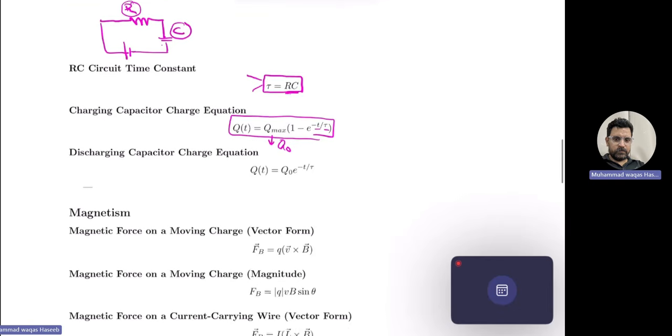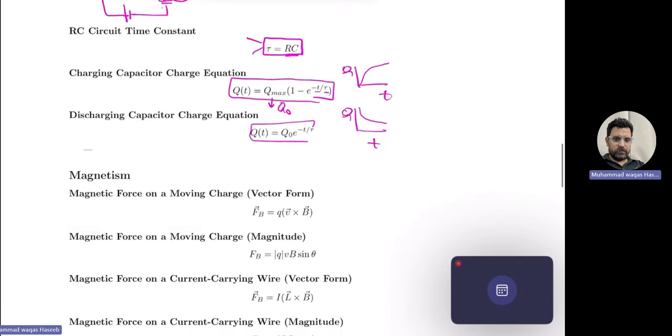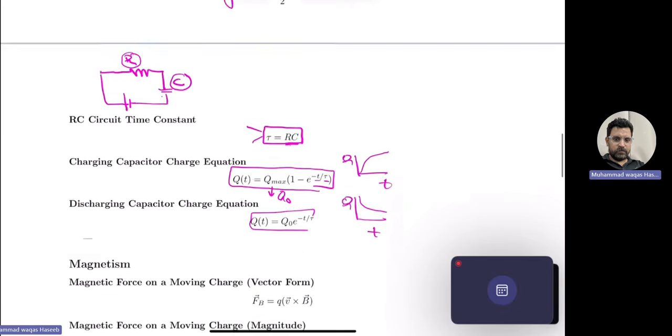Discharging is given by this, and it's an exponential process, so it will look like this: charging, discharging. Q as a function of time. So this is all about circuits.